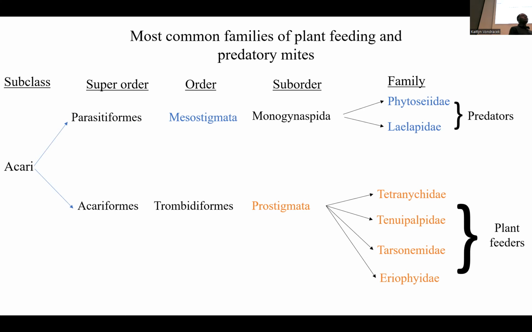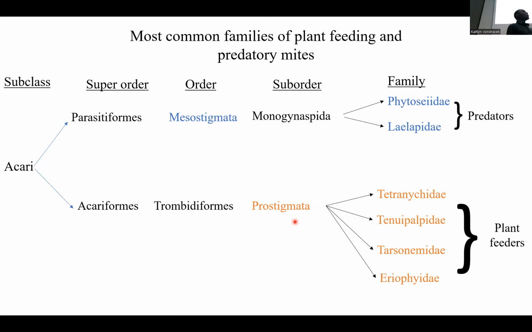Anybody that uses predatory mites, they're in the Phytoseiidae family, so a very important group. On the other hand, the Acariformes have this notorious, let me just get my pointer here to guide us, this notorious order, Prostigmata. And Prostigmata has a variety of families that cause a lot of problems in plants.